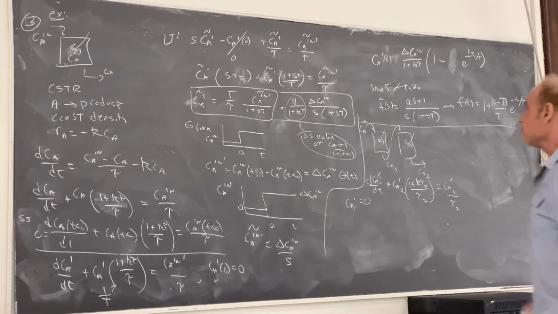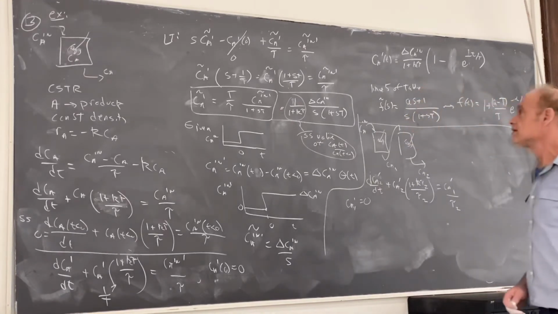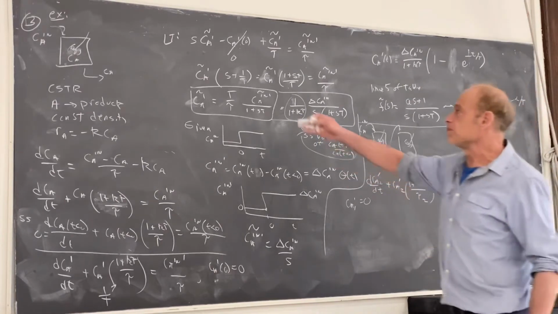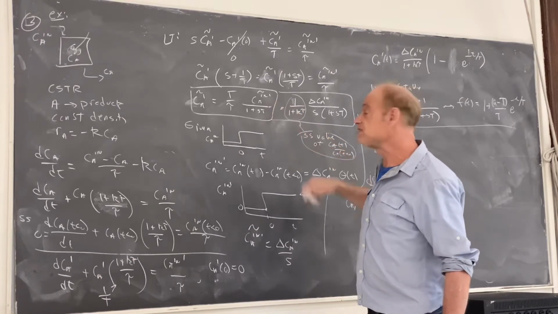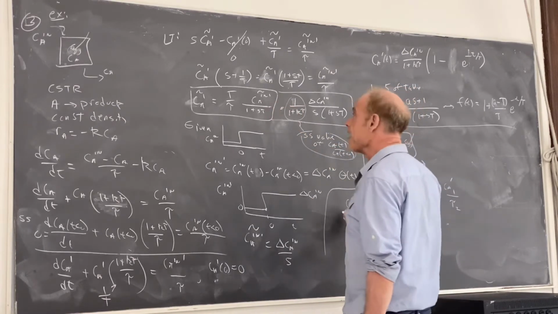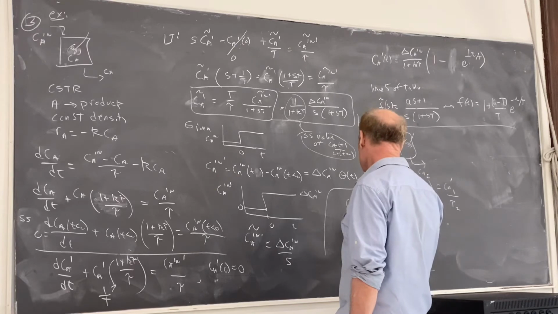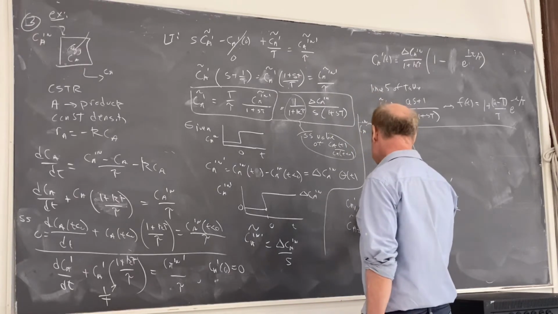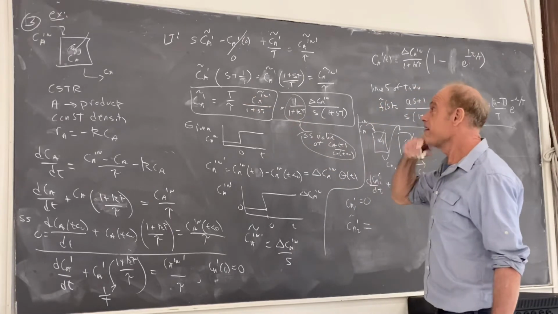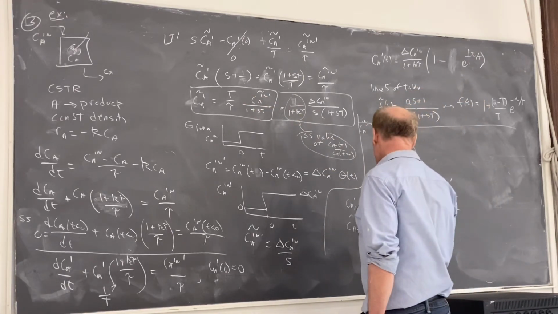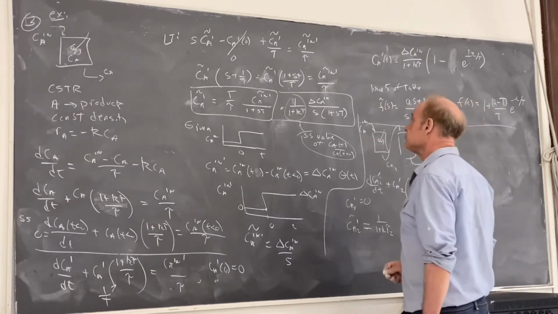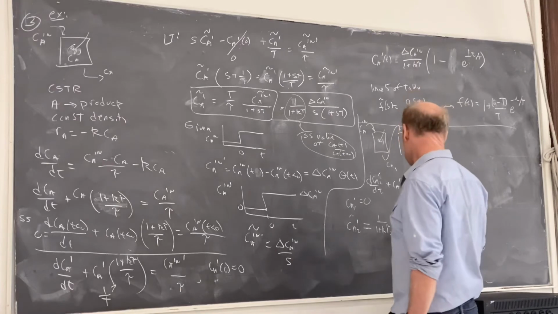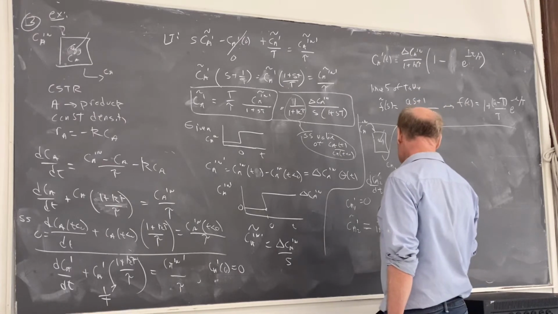So let's Laplace transform this. If I Laplace transform this, I get the exact same algebra as I had here. The only difference is instead of CA in prime, I have CA1 prime. So by the same algebra, I have CA2 prime tilde is equal to T2 over tau 2, which is just 1 over 1 plus k tau 2, times 1 over 1 plus sT2.